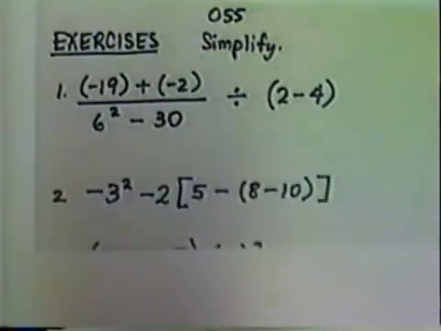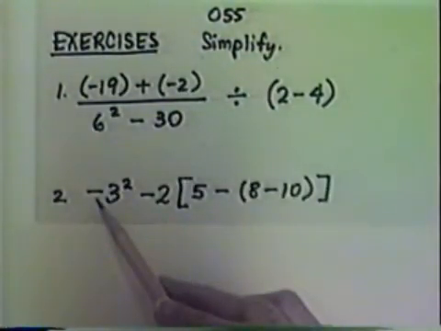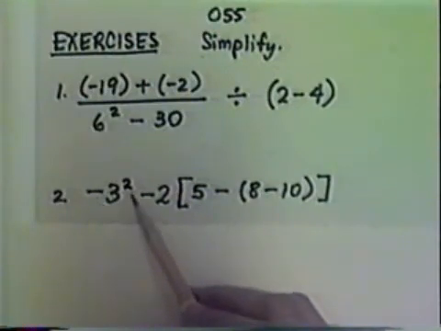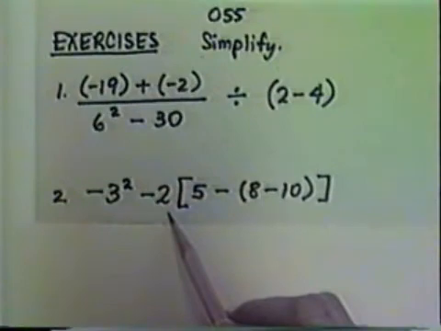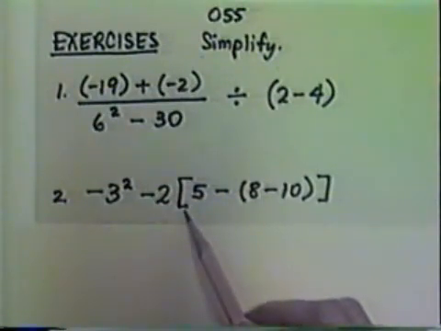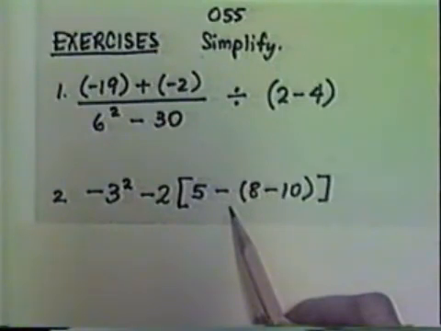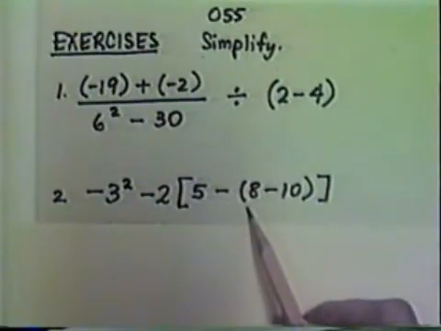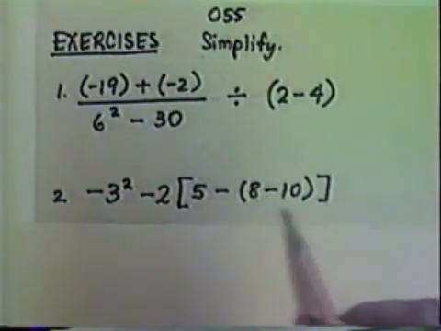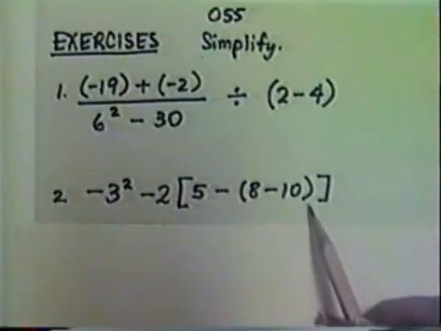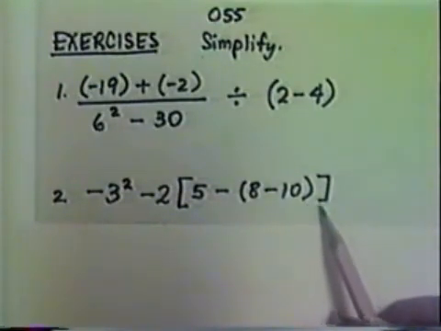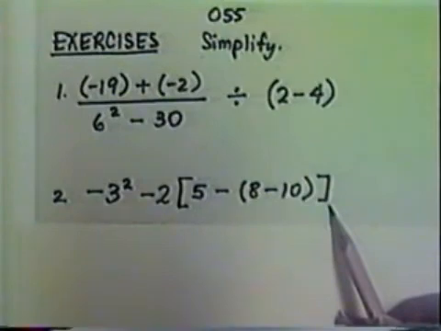For exercise number 2, the opposite of 3 squared, subtract 2, bracket, 5 subtract, parenthesis, 8 subtract 10, close the parentheses, close the brackets.